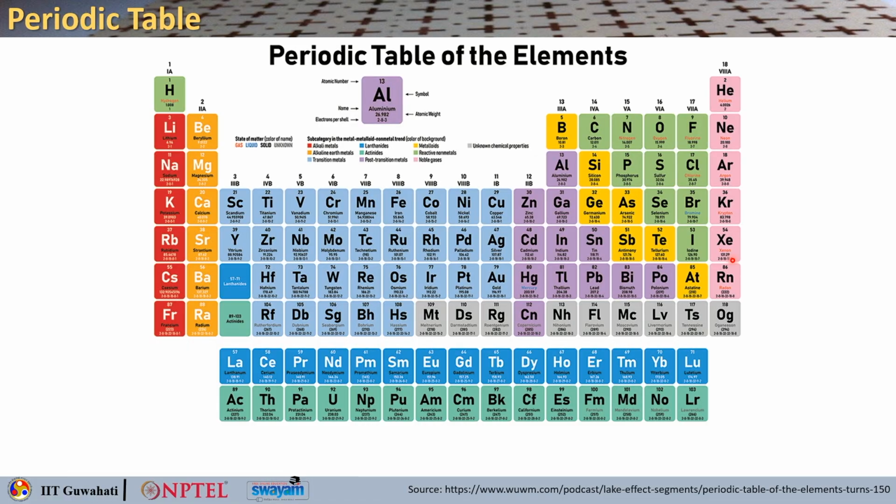So, for your convenience, I am just showing you the periodic table, which has 118 elements. Prior to the development of metamaterials, researchers were stuck with these basic elements only, and their mixtures and combinations to realize any new properties.